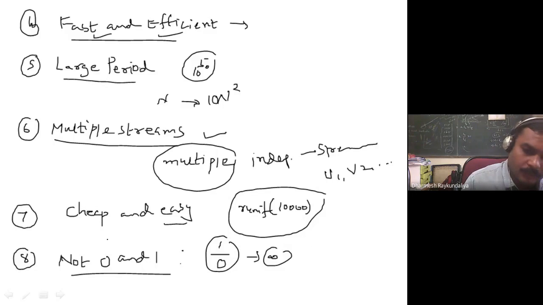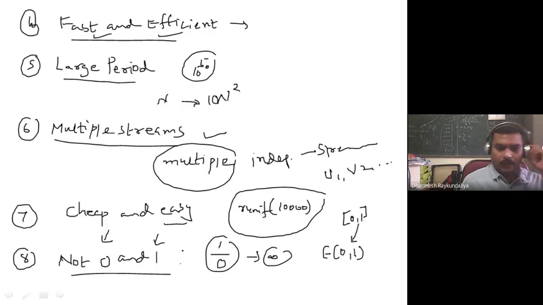So numerical calculation becomes complex at the extreme points 0 and 1. So your random number generator should always generate a random number between 0 and 1, not including 0 as well as 1, so it should not be a square bracket. It should always be an open bracket. That means 0 and 1 are excluded.